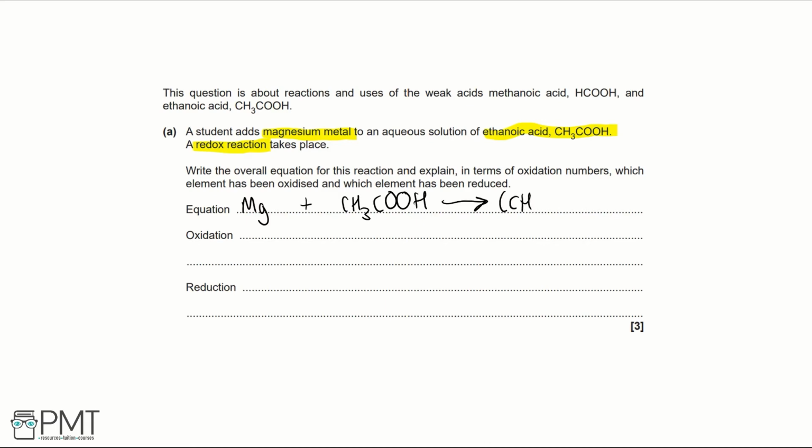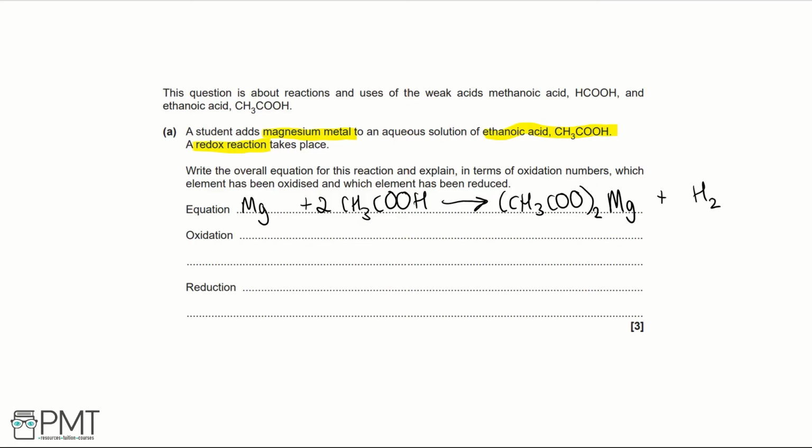So that's CH3COO. This has a -1 charge, so we need 2 of these because magnesium has a 2+ charge. And then we're going to add hydrogen. So then we need to balance the equation. To balance the equation, we need to add a 2 in front of the ethanoic acid.